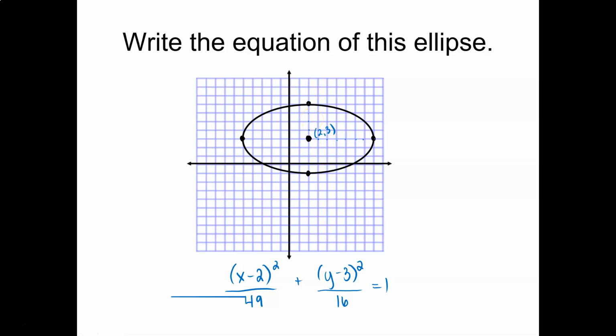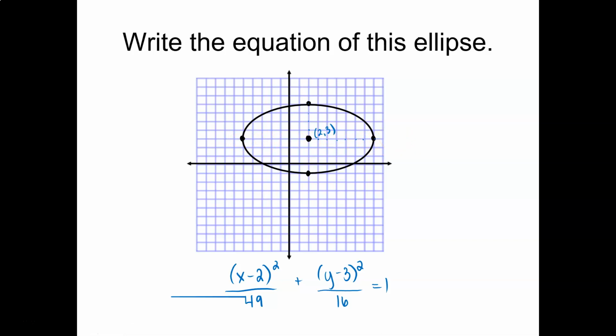We could change it where it's equal to something else, and we'll see some that are not in standard form and will not be equal to 1 in the beginning. But if it is equal to 1, it puts it in the standard form where you can just count up and down.